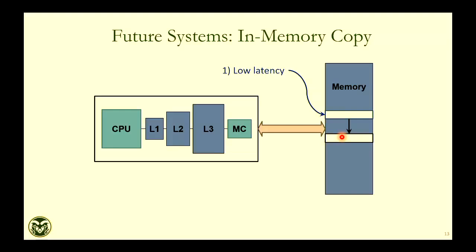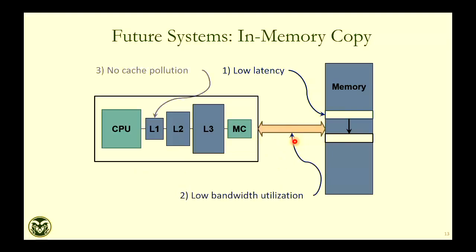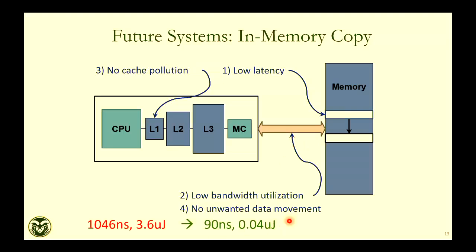But if you can directly copy from one row to another row, you will decrease the latency and increase the performance. You don't need to utilize bandwidth, or bandwidth utilization is low. No cache pollution, cache remains as it is. No unwanted data movement. And you can do this in 90 nanoseconds, because from one row to another row you don't need that many nanoseconds.